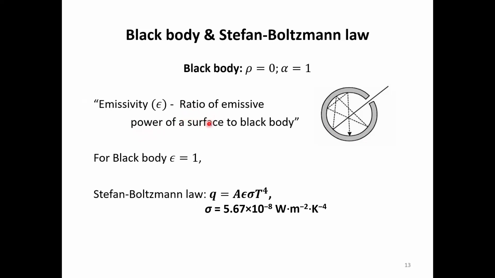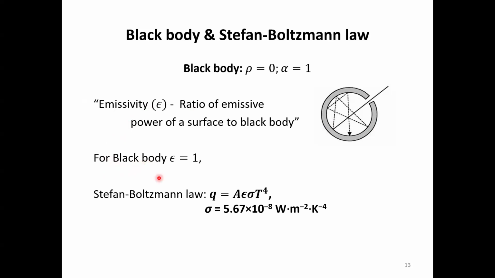Emissivity is a ratio of emissive power of a surface to that of a black body. If you compare emissive power of a black body to that of a black body, it's going to be 1, obviously. So emissivity for a black body would be equal to 1.